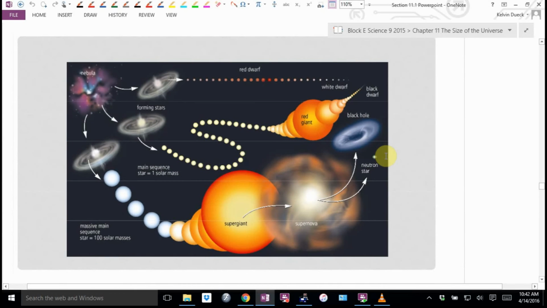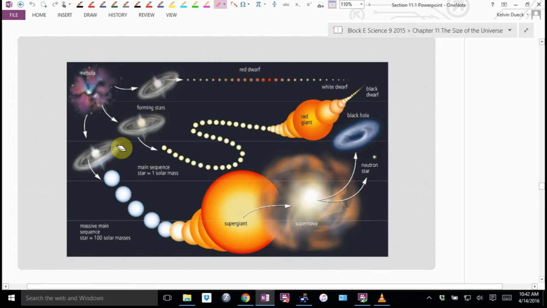First of all, all stars come from nebulae, from a nebula, a cloud of dust. It depends how much dust there is. You can have a low mass star, a medium mass star, or a big star.